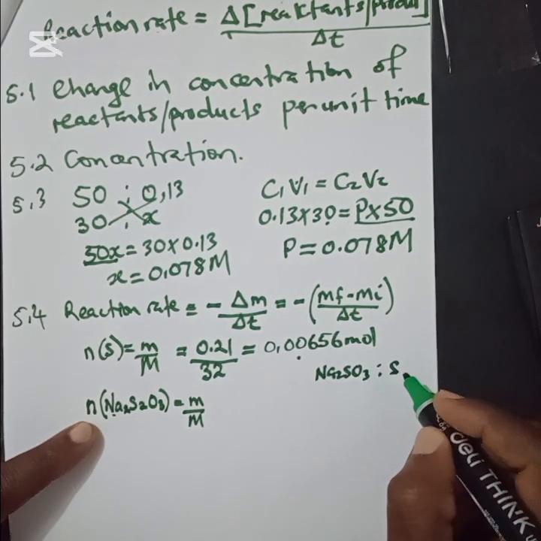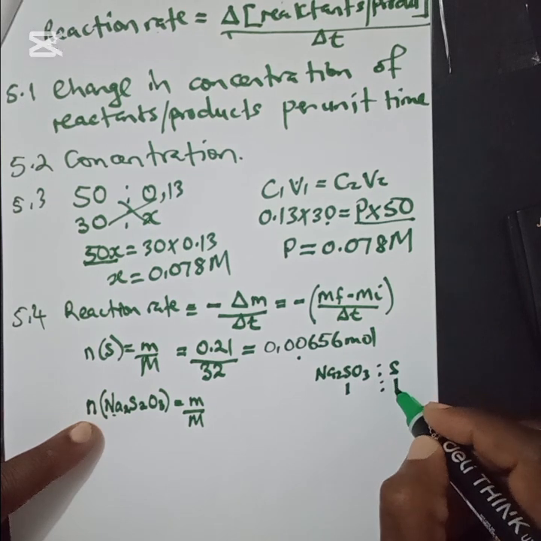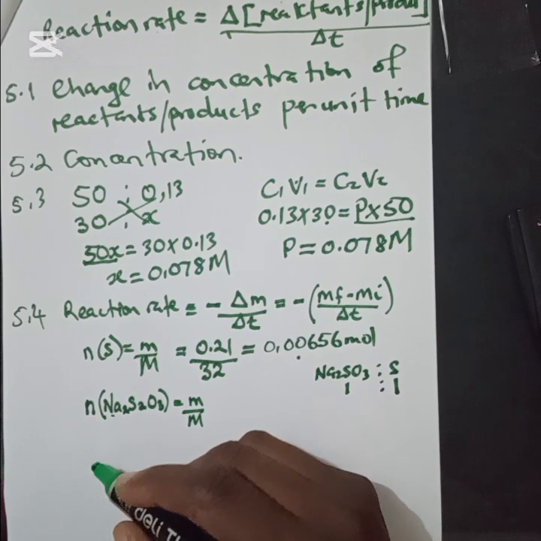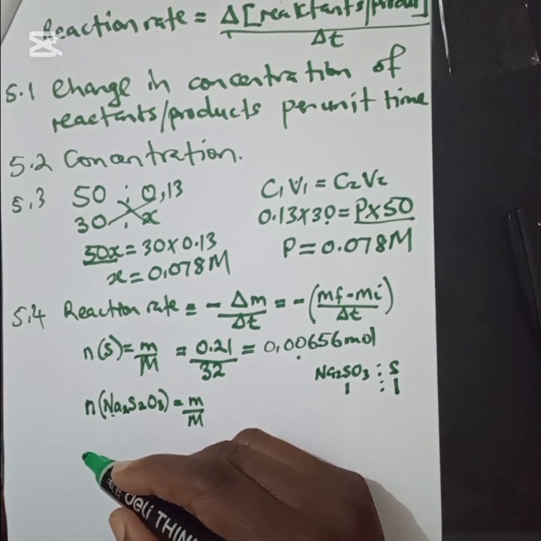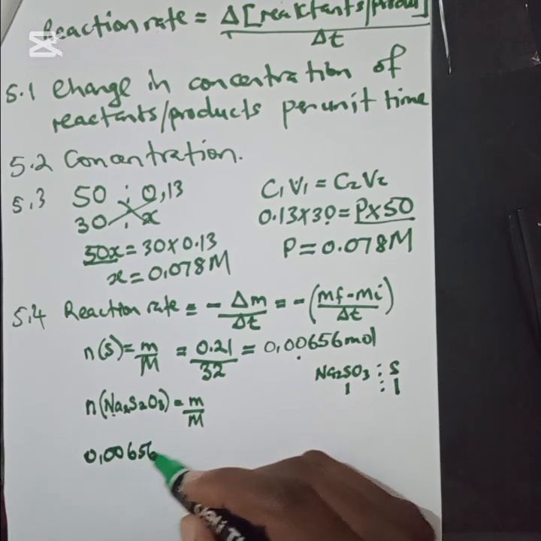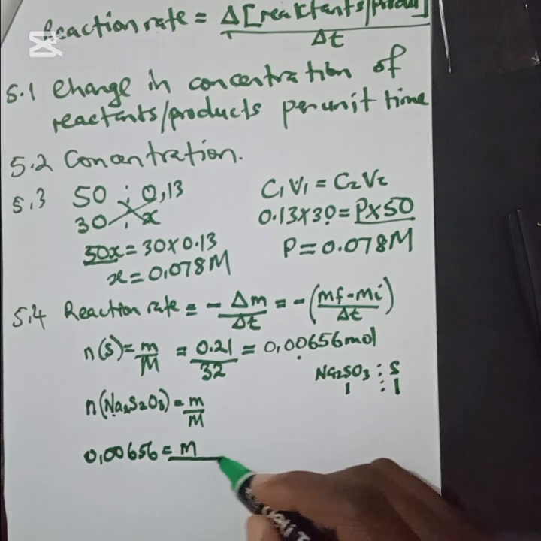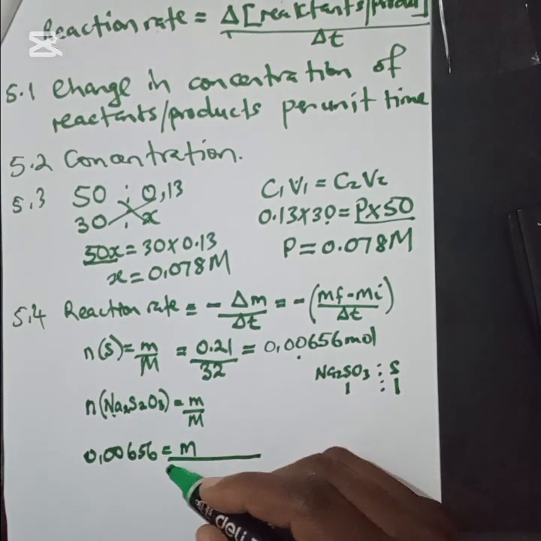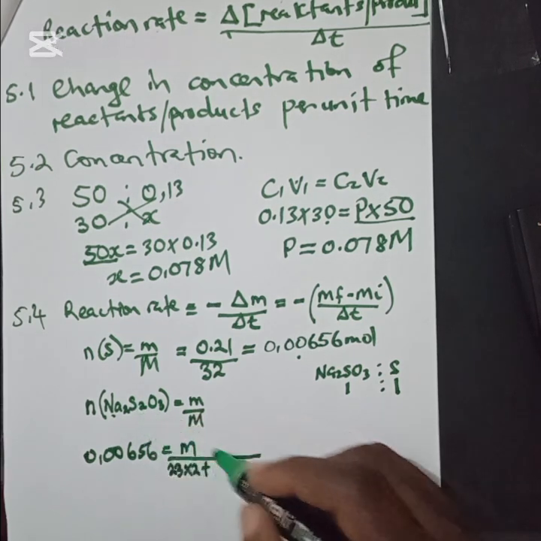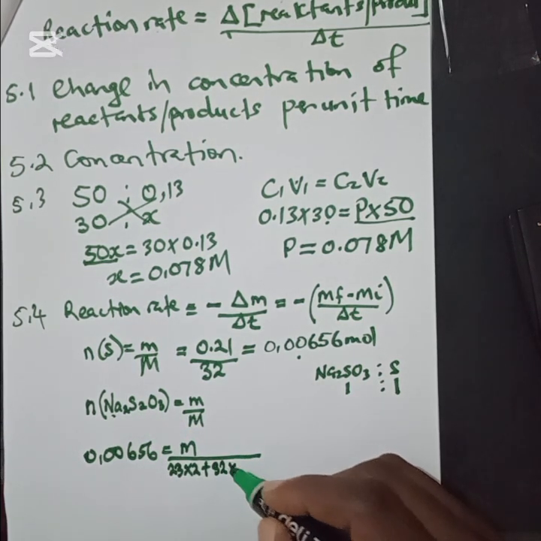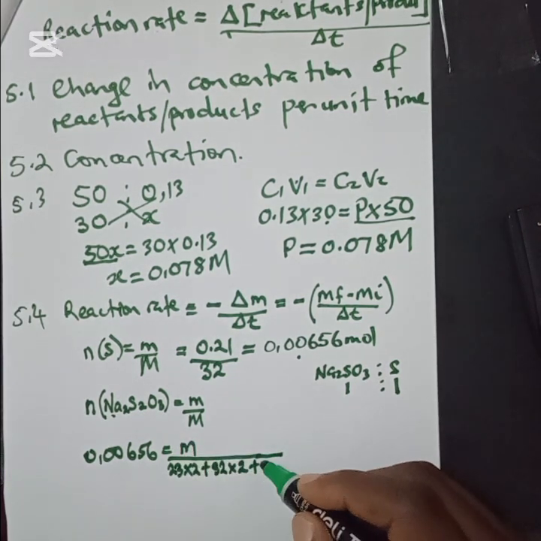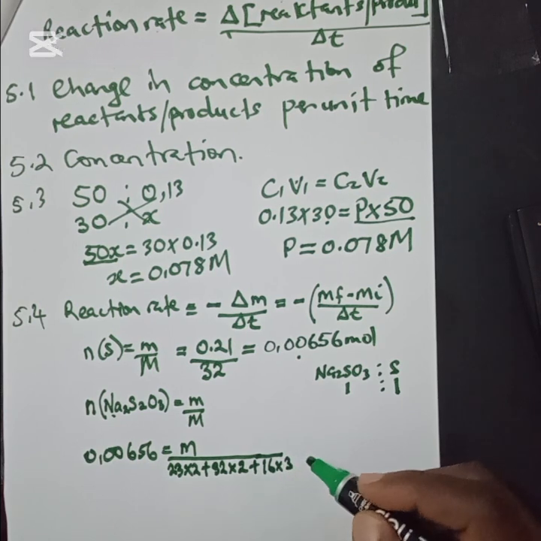So 0.00656 is equal to mass divided by the molar mass of sodium thiosulfate, which will be 23 times 2 plus sulfur 32 times 2 plus the mass of oxygen, 16 times 3.